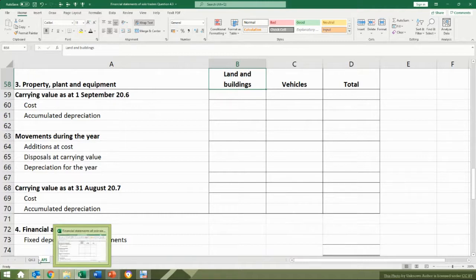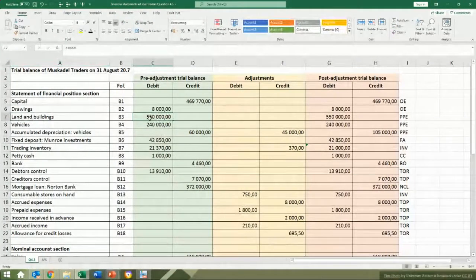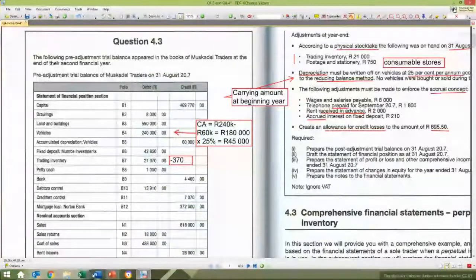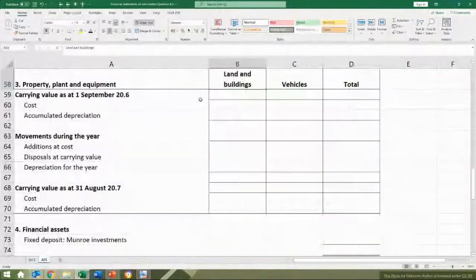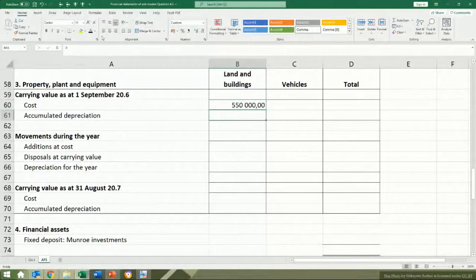Now, if we take the information that was in the pre-adjustment trial balance, our land and buildings cost is 550,000, our vehicles was 240,000, and the accumulated depreciation for vehicles was 60,000. So in the note disclosure, I then show the cost for land and buildings is 550. We did not have accumulated depreciation for it, so it's 0.